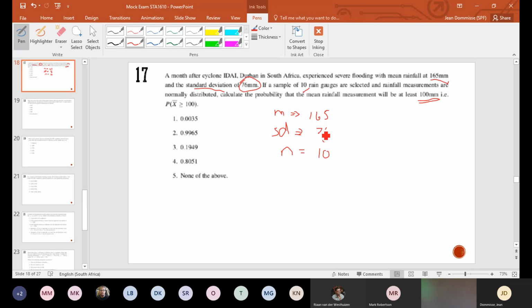Okay, so how would you do that? What we would do is, again, we know the formula. Let's just get the formula right again.